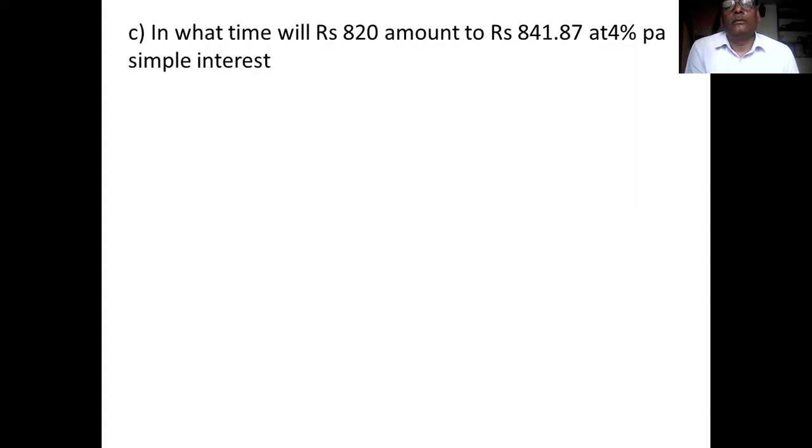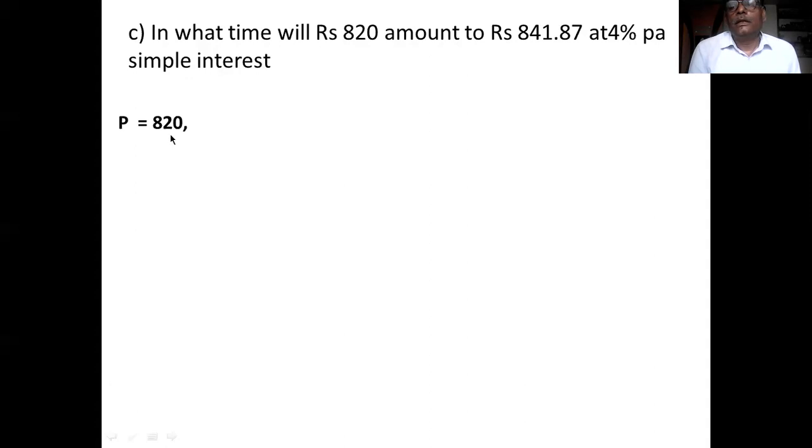In what time means you calculate period. In this problem, you have to calculate period. In the first problem, you calculated interest. In the second problem, you calculated principal. In this problem, I am calculating period n. How to calculate n? You see here.